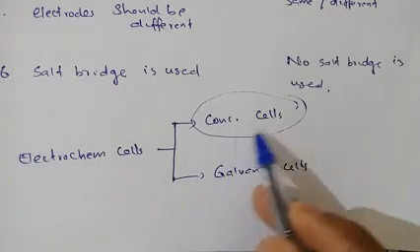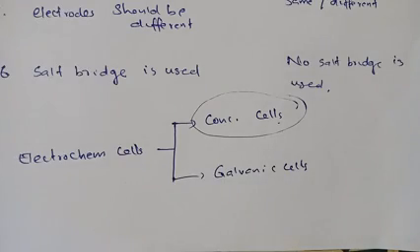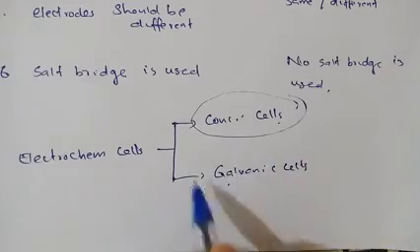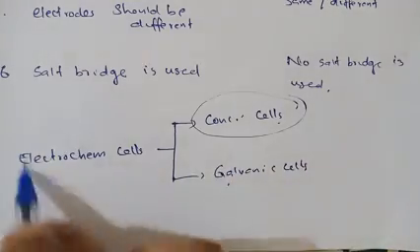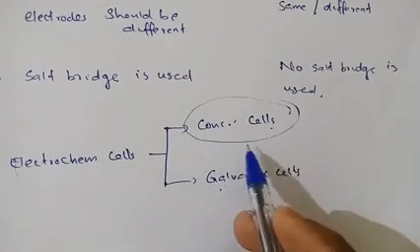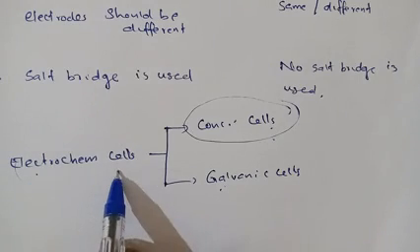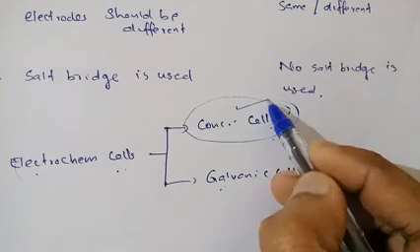So, concentration cells. Both are electrochemical cells, or another name for a galvanic cell is electrochemical cell. But there are certain other cells which could not be named as electrochemical cells. Those particular cells are termed concentration cells.